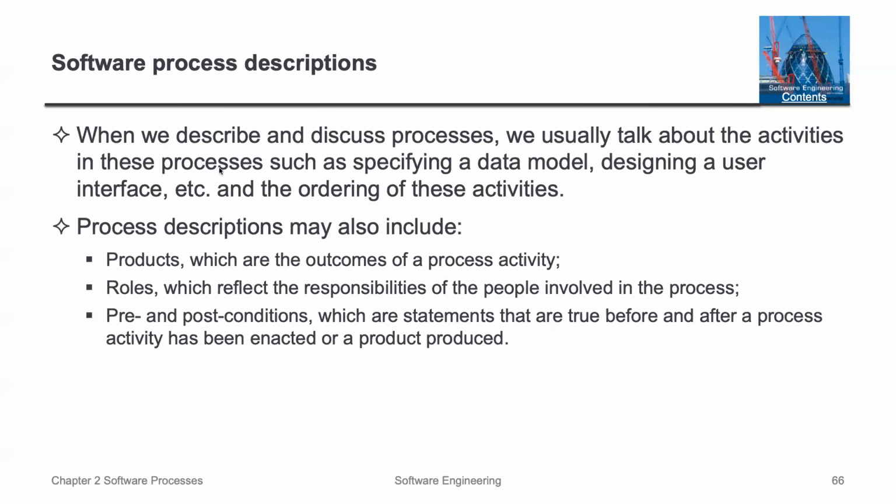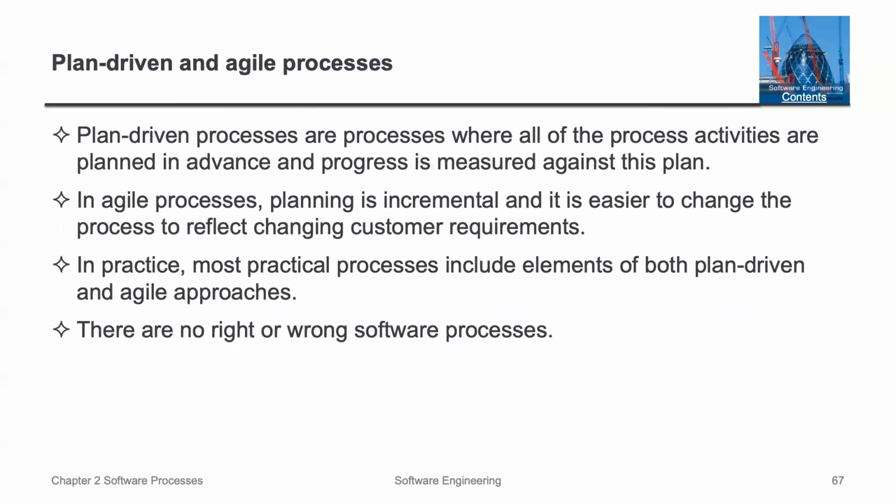A process description may also include products, which are the outcomes of a process activity; roles, which reflect the responsibility of the people involved in the process; and pre and post conditions, which are statements that are true before and after a process activity has been enacted or a product produced.